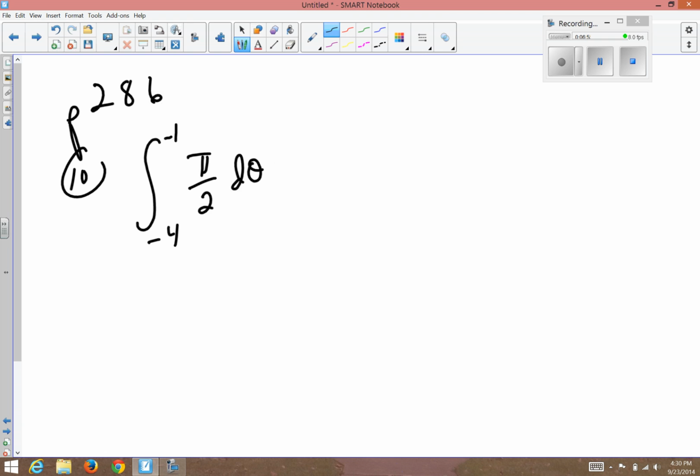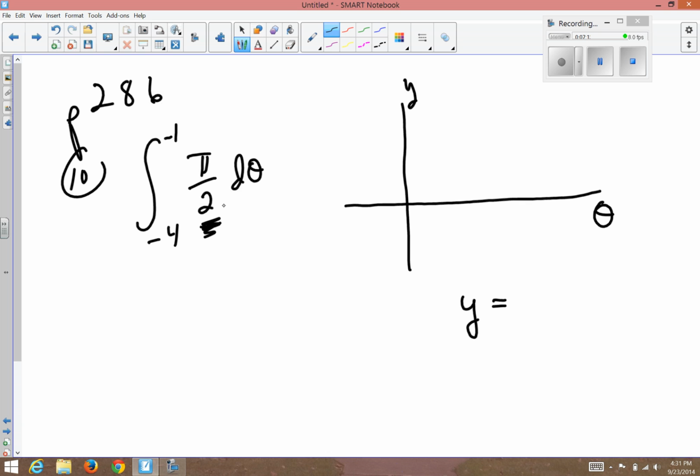This symbolism means make a y-axis as usual, and what we ordinarily call the x-axis, because I see d theta here, we call the theta axis. And we're going to graph y equals whatever's right here. I'm going to call that the integrand. So let y equal the integrand. The graph of y equals pi over 2 is a horizontal line. It looks like this.